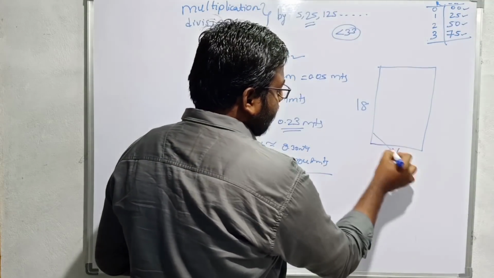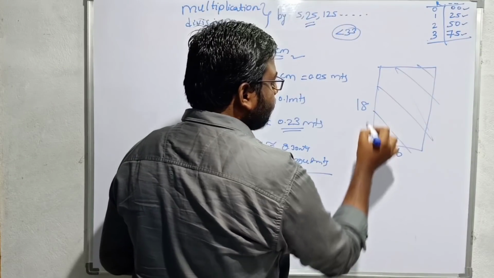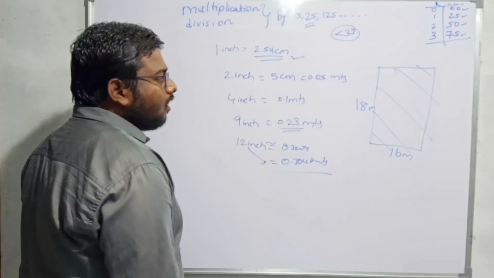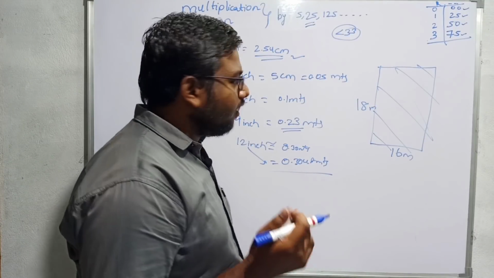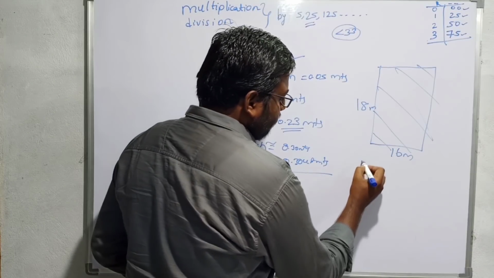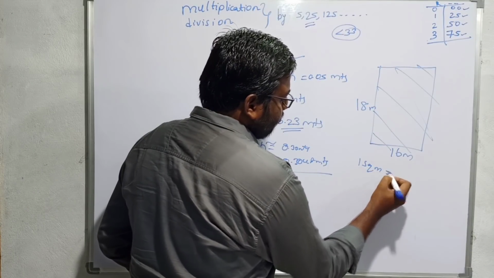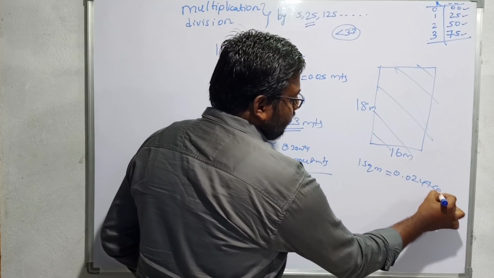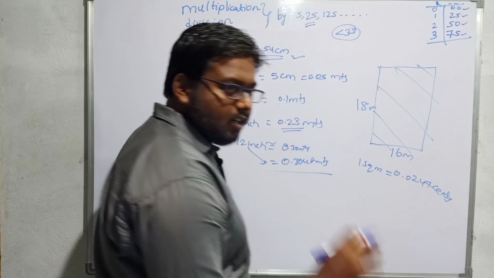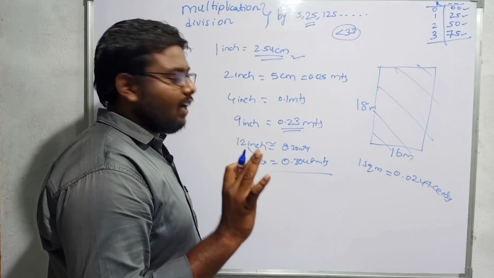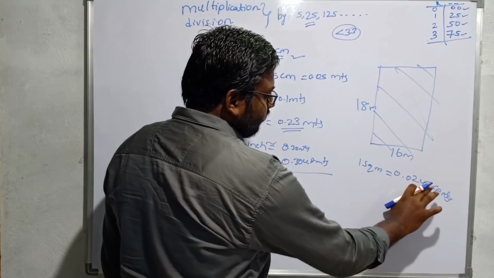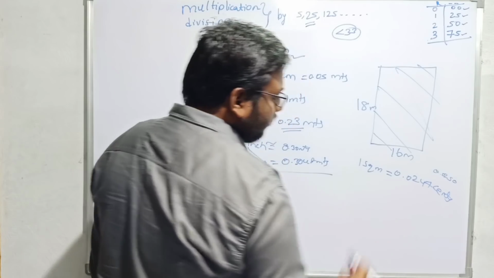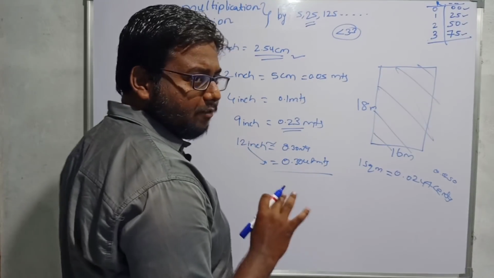I have to calculate the area in square meters. 1 square meter is equal to 0.0247 cents, otherwise 0.000247 acres. So I can calculate this. This is nothing but 0.0250, and if you take the difference, 0.003, that is a very negligible error.